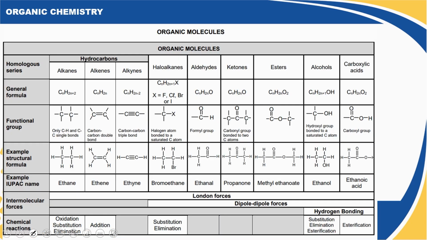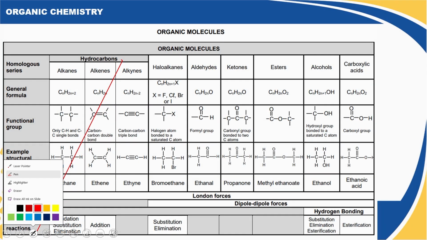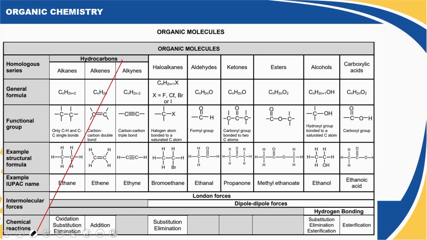Now, let's get into organic chemistry. In organic chemistry, a learner needs to know hydrocarbons. That's number 1. Number 2, a learner should be able to differentiate all other homologous series.